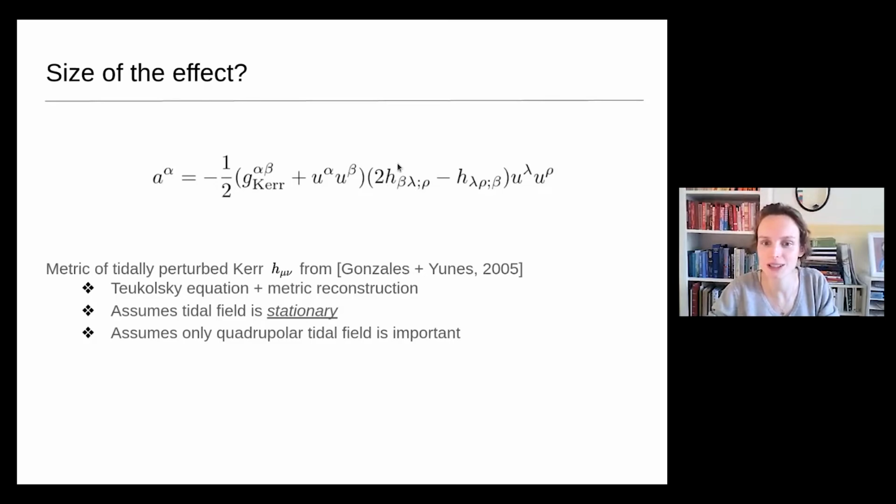Luckily for us, we didn't need to calculate the metric of the tidally perturbed Kerr, but that was already specified for us in the literature, and was obtained using the Teukolsky equation and metric reconstruction afterwards.